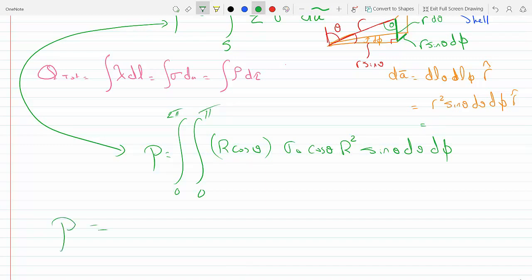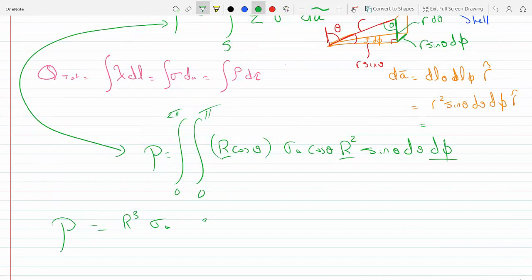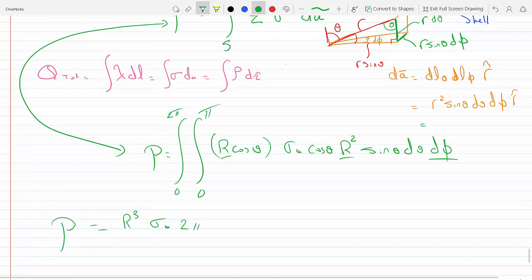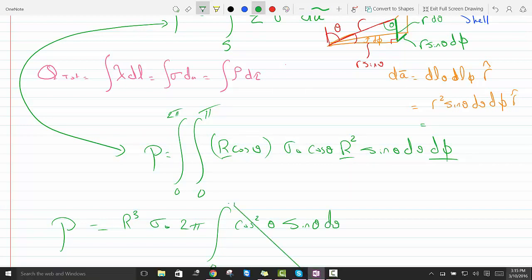Let's pull all the constants out. We have an r squared, so that's r cubed sigma 0. This guy will give me a 2 pi here, and we will get cosine theta sine theta d theta from 0 to pi.